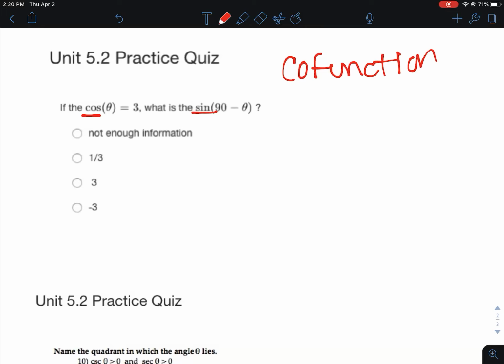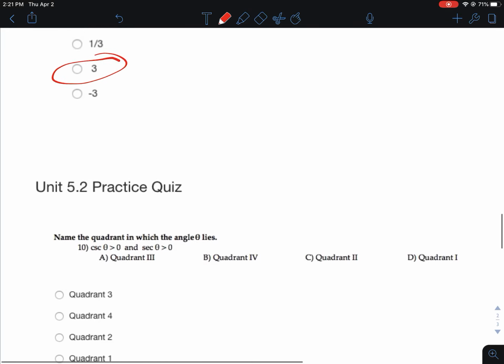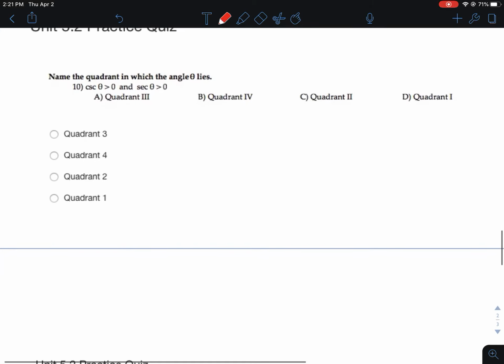Sine and cosine are co-functions, so the cosine of theta has to be equal to the sine of 90 minus theta. So if I know the cosine of theta, the sine of 90 minus theta has to be the same. So it would just be 3.